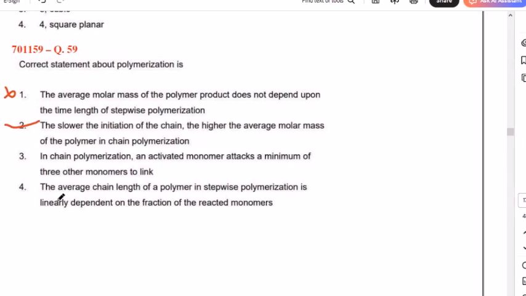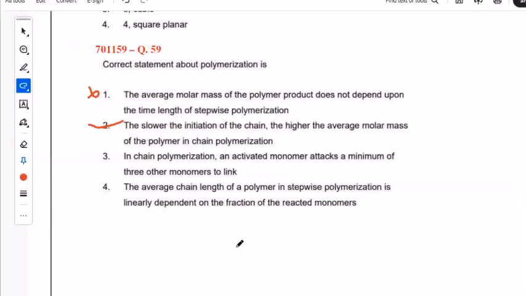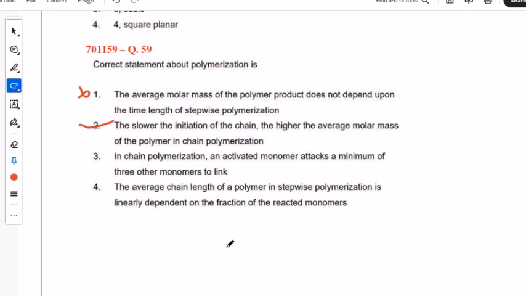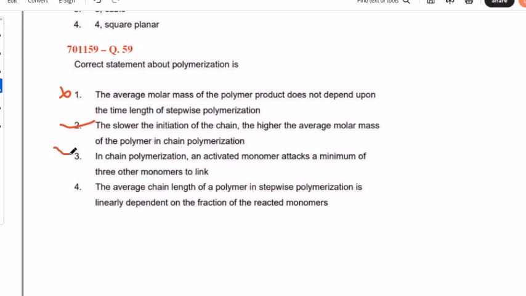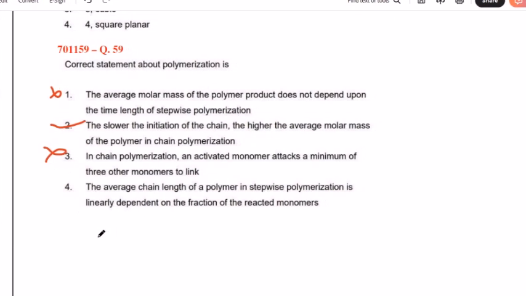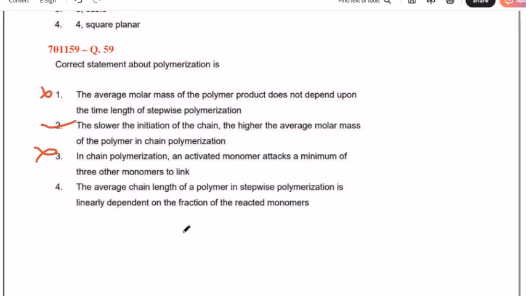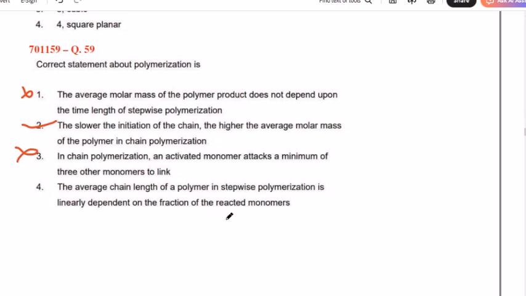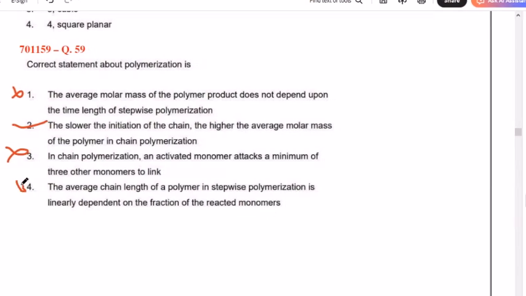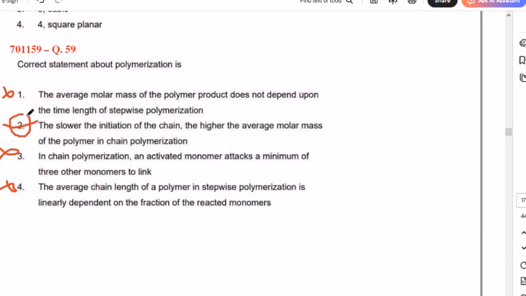Yes, this is correct. In chain polymerization, an activated monomer attacks a minimum of 3 other monomers to link. So this is also wrong. The average chain length of a polymer in stepwise polymerization is linearly dependent on the fraction of the reacted monomers. No. So option number 2 is the correct option, friends.